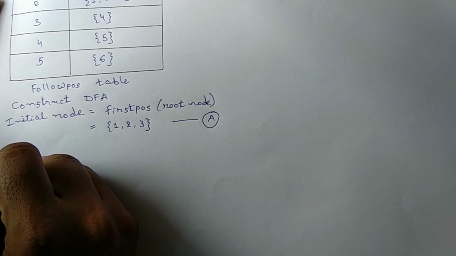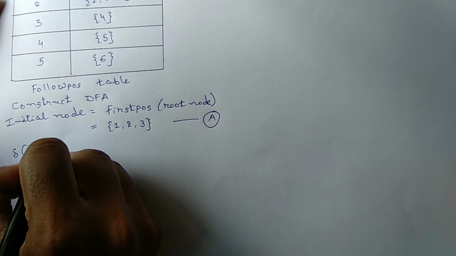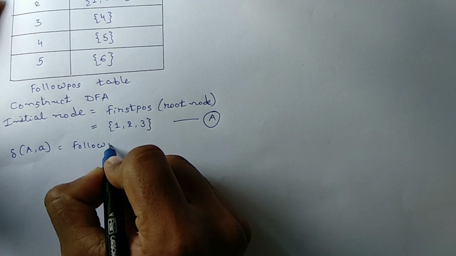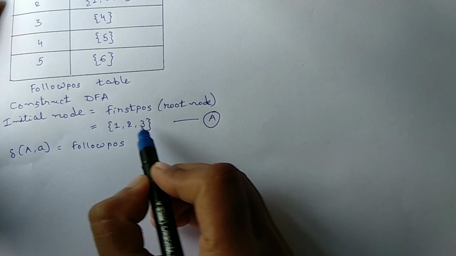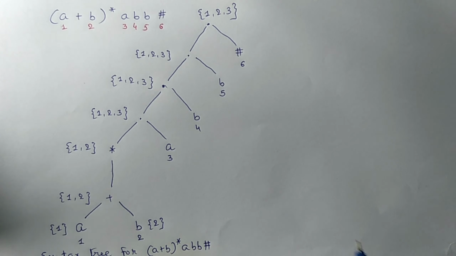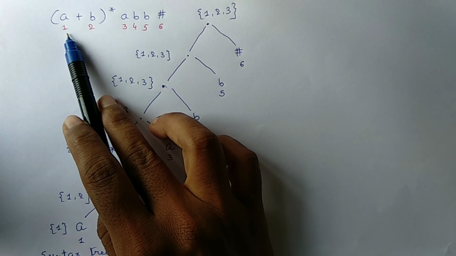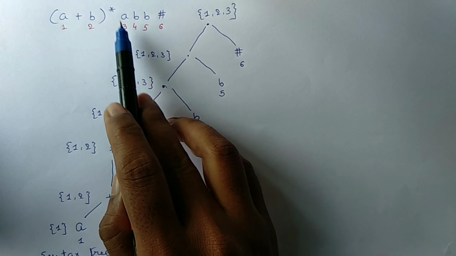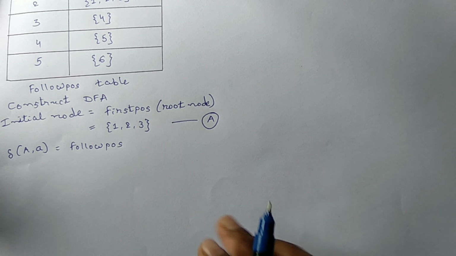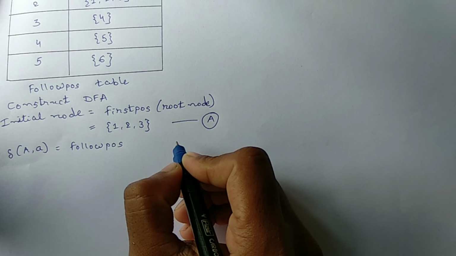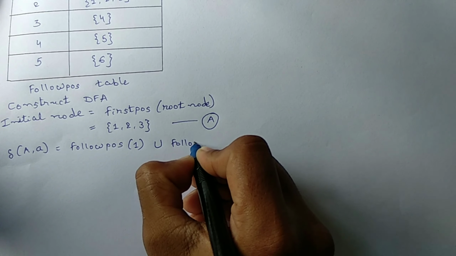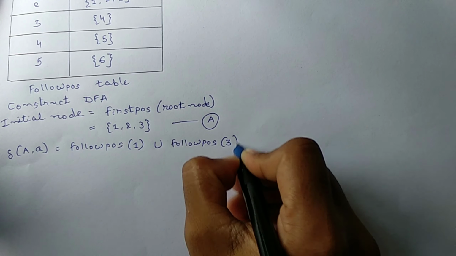Now find delta A to a, meaning follow position from A on input a. State 1 2 3 on input a: at position 1 and position 3 you have input a. So follow position of 1 union follow position of 3.